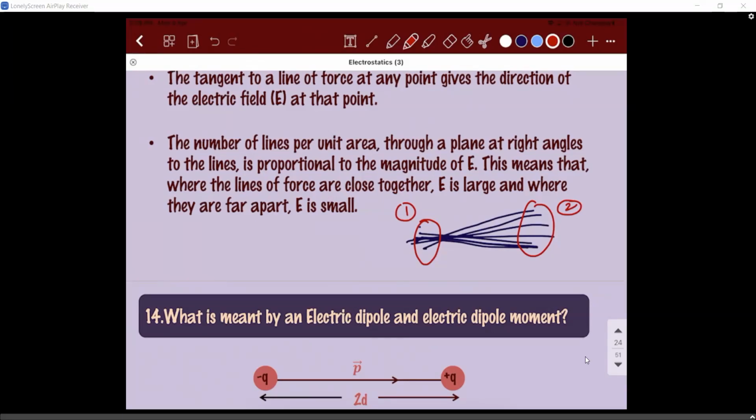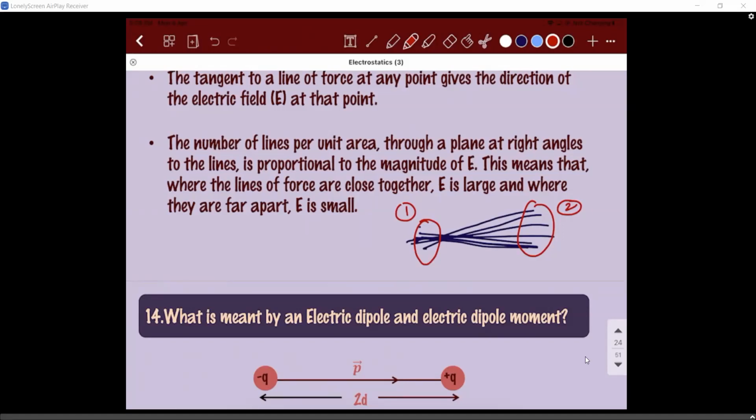So if you are able to calculate the number of field lines in a particular area, and that comes out to be a greater value compared to any other point of the same area, then at that point the strength of the electric field is more. So the number of field lines per unit area at a given point will speak about the strength of electric field at that particular location.